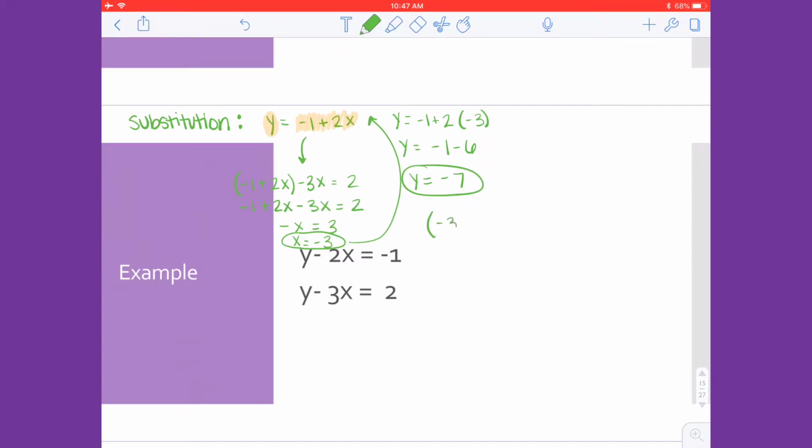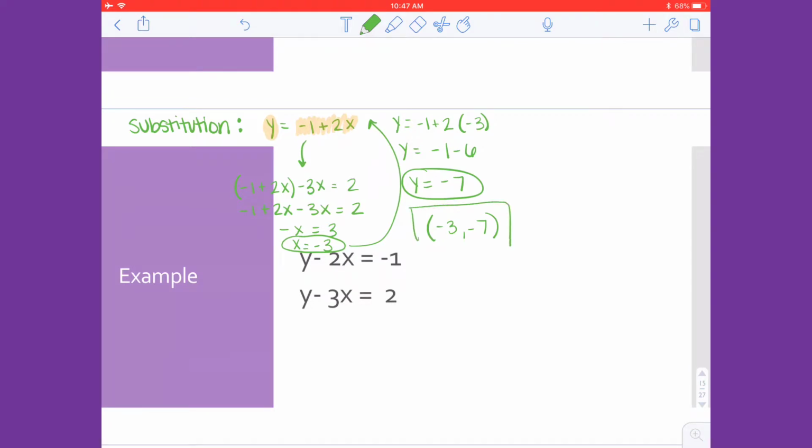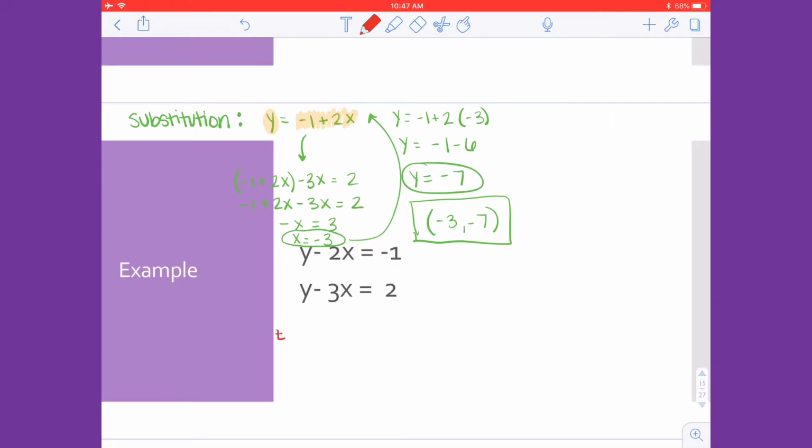Therefore, by the substitution method, the intersection point or the final solution for these two equations is the coordinate negative 3, negative 7. So with the substitution method, you are literally solving for a variable and substituting it into your other equation.